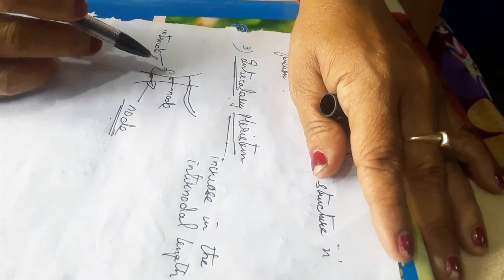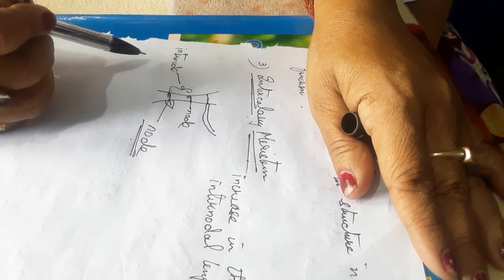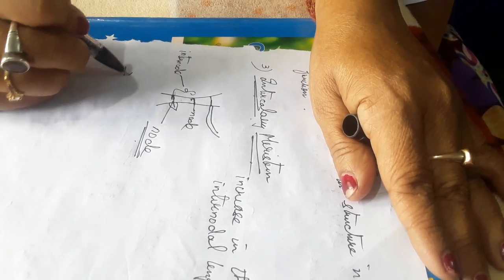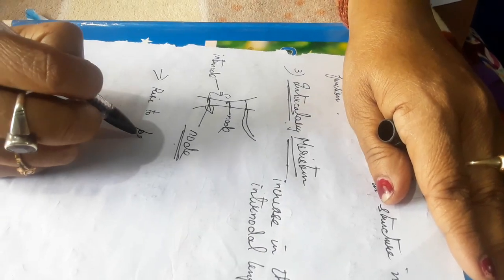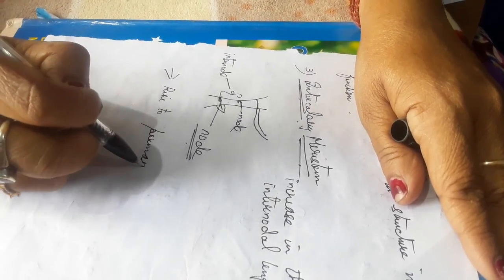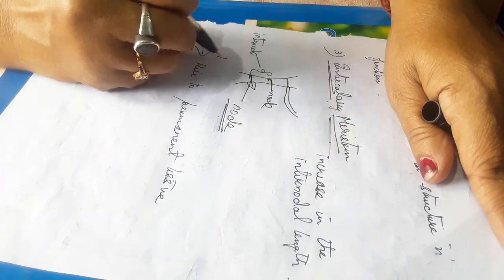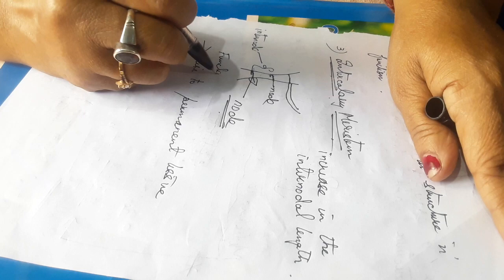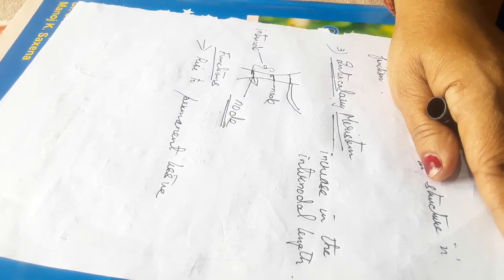Main function of meristem: since their cells undergo continuous division, they give rise to permanent tissues. Meristematic tissues are also considered as undifferentiated cells.